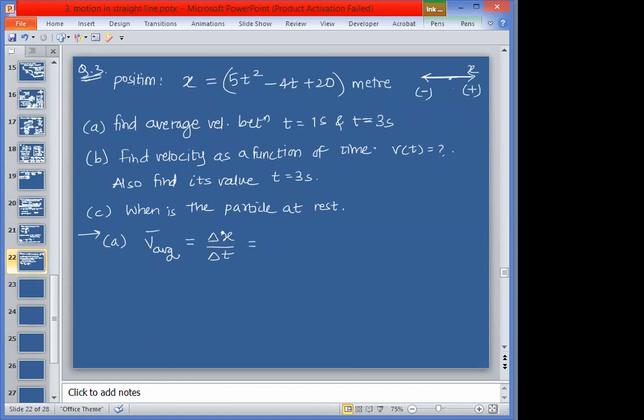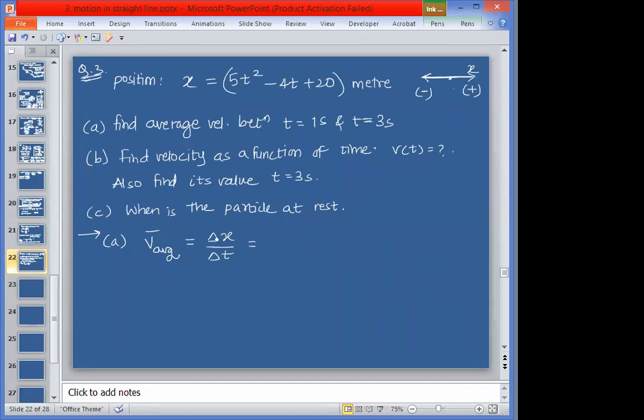Now sir, position symbol is R, so why are you not writing delta R? But R is a 3-dimensional displacement, or a 3-dimensional position. But here the particle is moving only in the x direction. So instead of showing the position as letter R, I am showing the position as x.